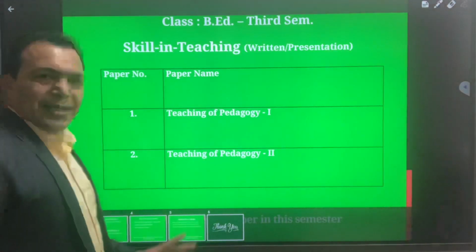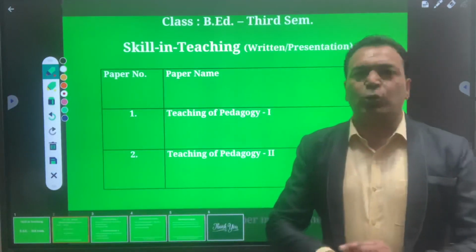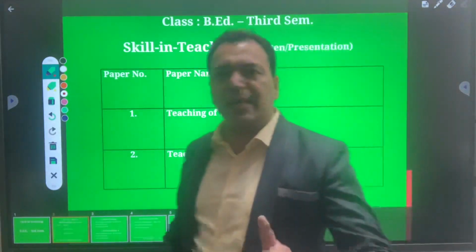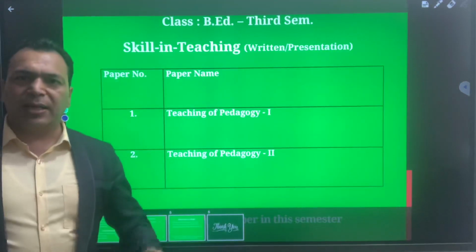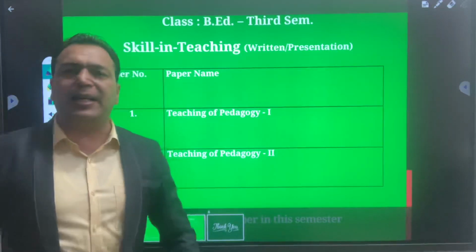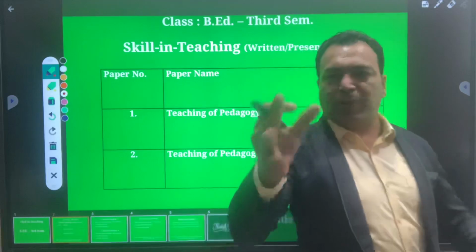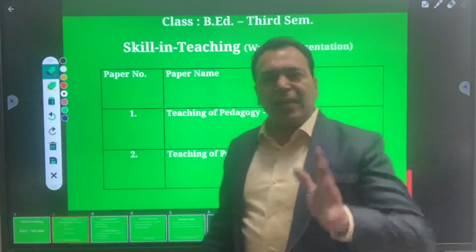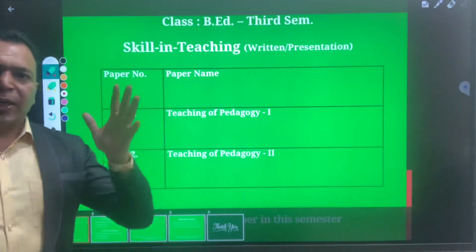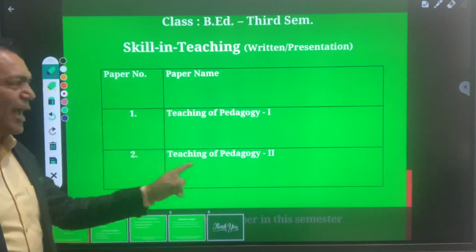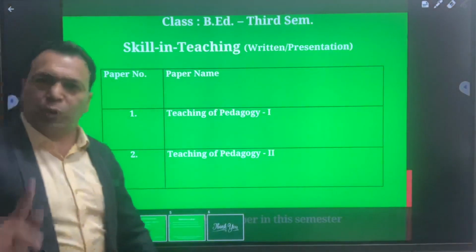In skill in teaching exams, there are two things. Number one is theoretical work which you have to present, and second is practical work which you have to perform, right guys? In your skill in teaching exams, you should have two macro files. These are your two papers.